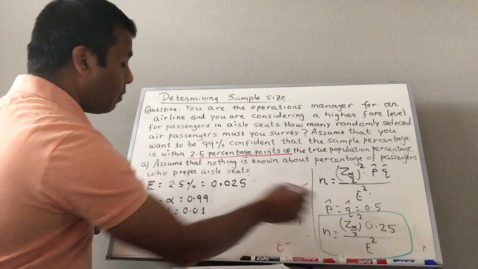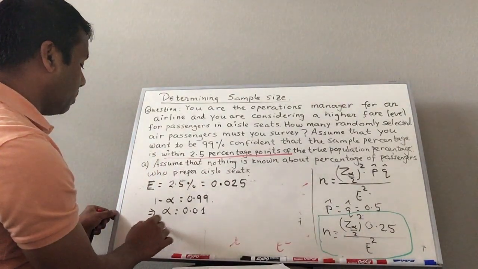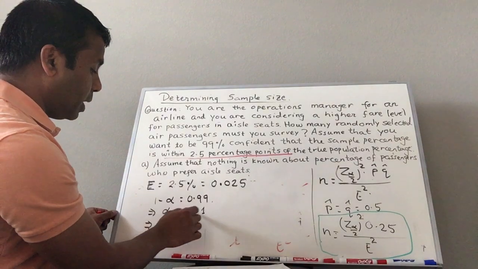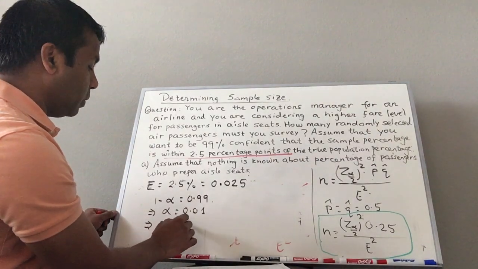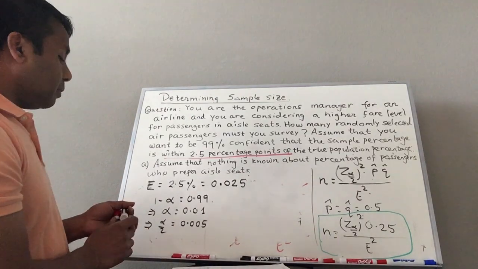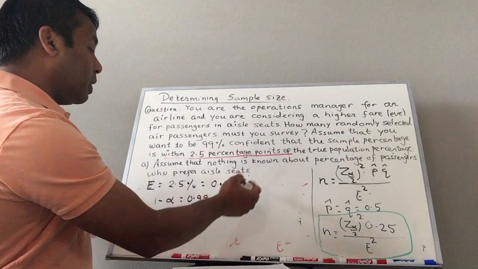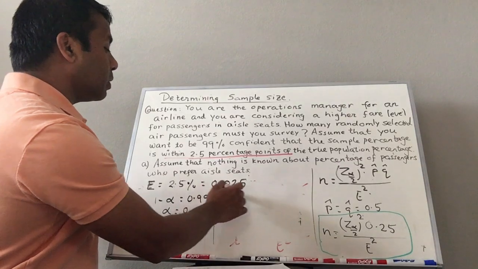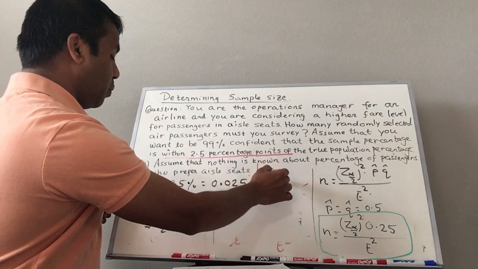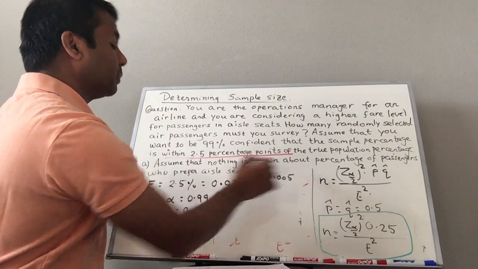But you need alpha over 2, so you divide both sides by 2. Dividing 0.01 by 2, you get 0.005. So you need to figure out the value of z 0.005.